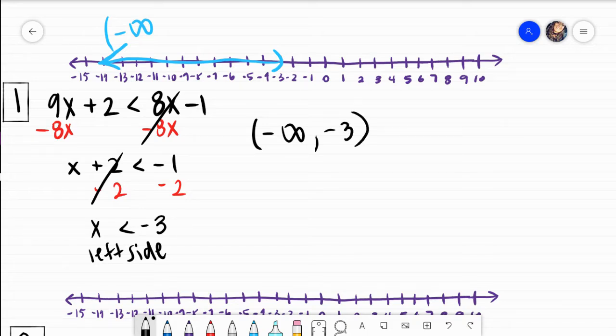So this inequality is the same as this interval notation and that visual representation on a number line. It says that all of my x values can be from negative 3 and everything smaller than that. It just can't equal negative 3.